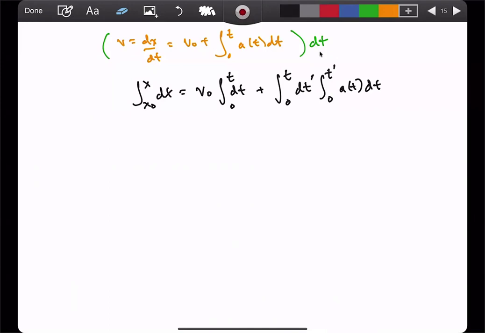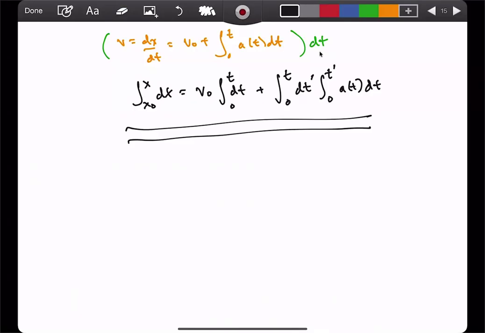So whenever I have a non-constant acceleration, we have two integrals on this last term: the first time we integrate over time to get the velocity, and the second time we use that to get the position.